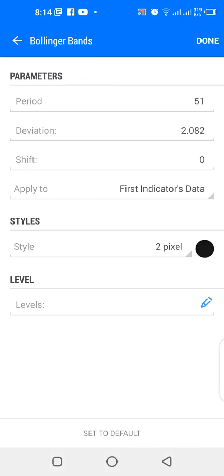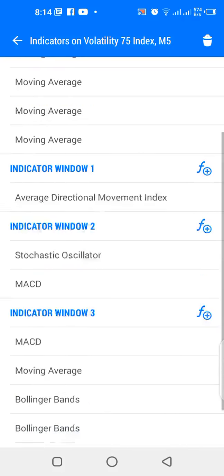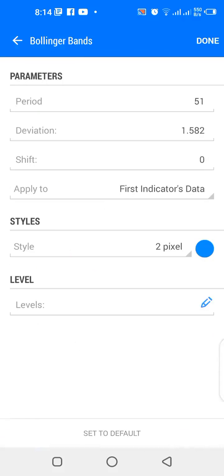Apply to first indicator's data, and the color is black. The second Bollinger Band is also 51. The deviation this time differs, and the deviation is 1.582. Apply to first indicator's data, and the color is blue.